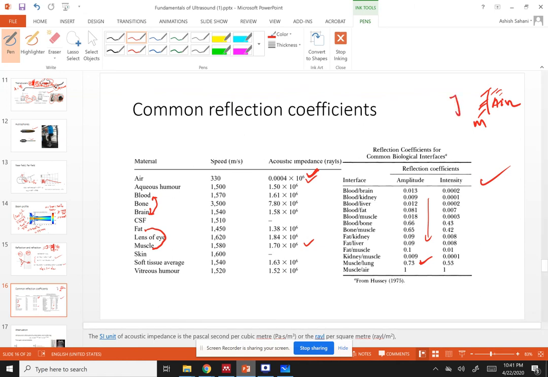So if you put ultrasound and try to visualize the lung, only the surface of the lung will be visible, nothing inside the lung, because all the ultrasound will be getting reflected from the surface. The surface of the lung will be very clearly visible, but things inside it will not be visible. Okay, so lung ultrasound has really come into focus during this COVID-19 situation, because if a patient starts developing pneumonia and water starts entering the lungs, then parts of the lung start getting visible, because the impedance difference between muscle and water is smaller.